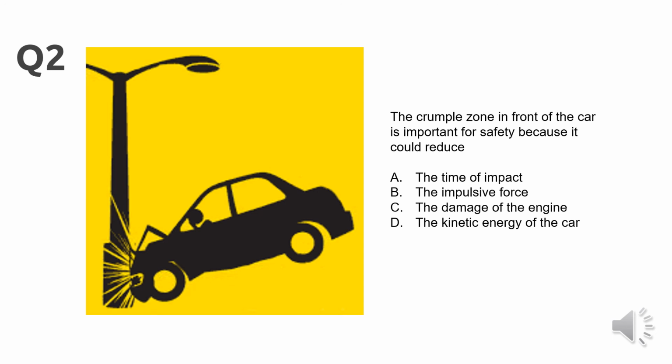What do you think the answer is? As I mentioned before in the 5 safety features of a vehicle, the crumple zone was designed to lengthen the time of impact. So the answer is B, because it reduces the impulsive force when we lengthen the time of impact.